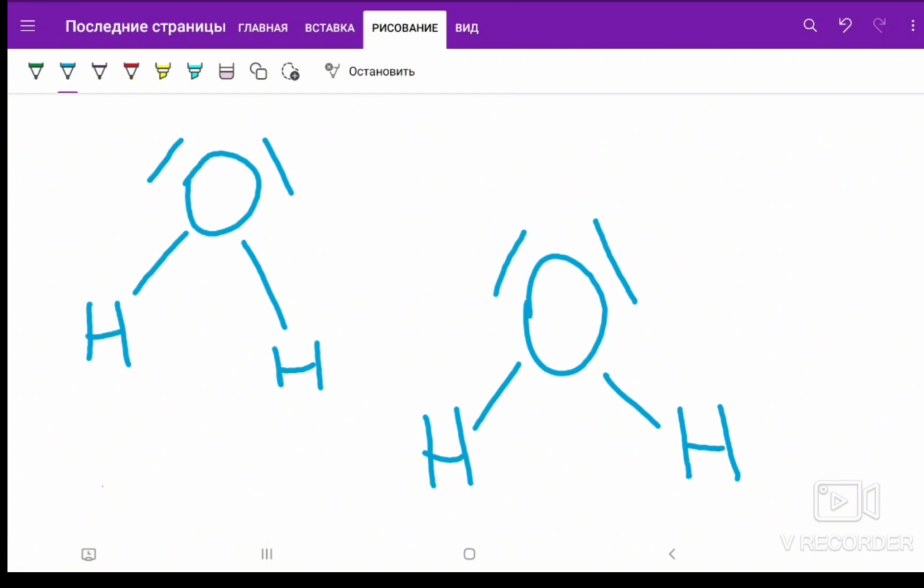We say that hydrogen bond exists between two molecules because it's an intermolecular force. We see that we have hydrogen here, which has bonding with oxygen. The same thing in the other molecule.